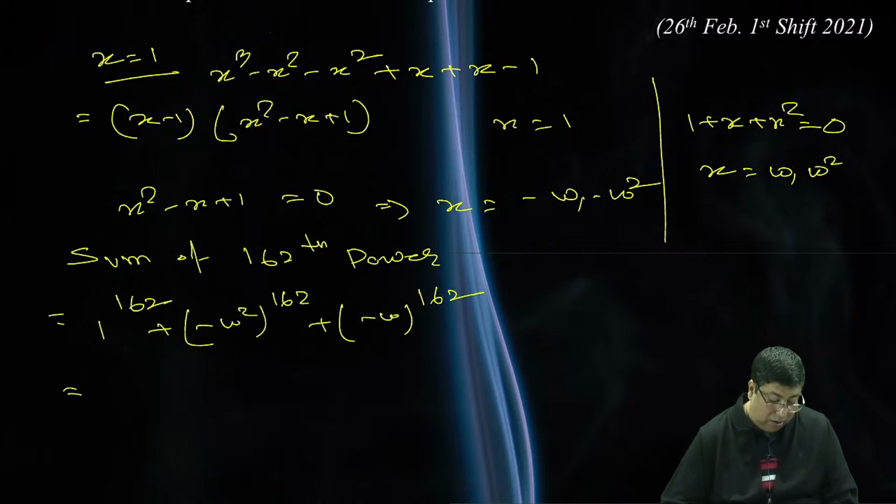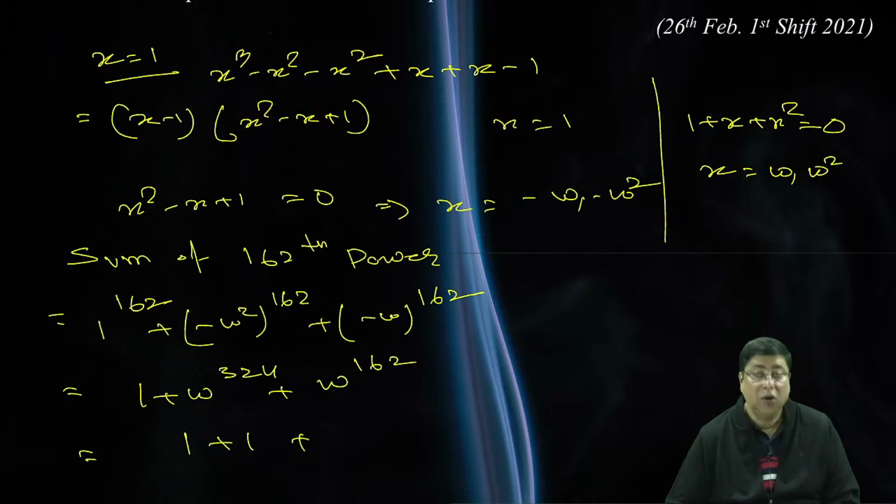So, we are getting what? 1 plus omega to the power 324 plus omega to the power 162. So, we are getting 1 plus omega cube whole to the power 108, that is 1, and omega cube whole to the power 54, it means this also 1. Answer is coming 3.